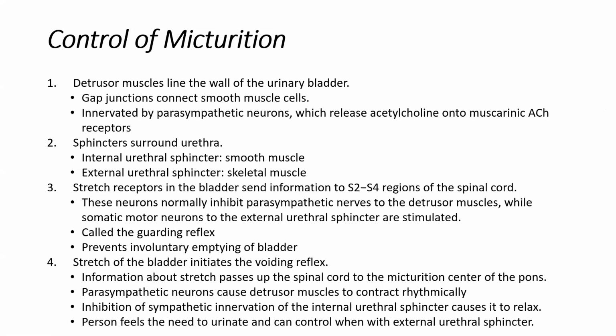But when you're moving around during your everyday life, you don't want to be continually sending that signal to void your bladder. So we're inhibiting the parasympathetic nerves to the muscle and keeping the external urethral sphincter stimulated. This is called the guarding reflex, and this is what prevents you from voiding your bladder involuntarily as you're moving around in everyday life.